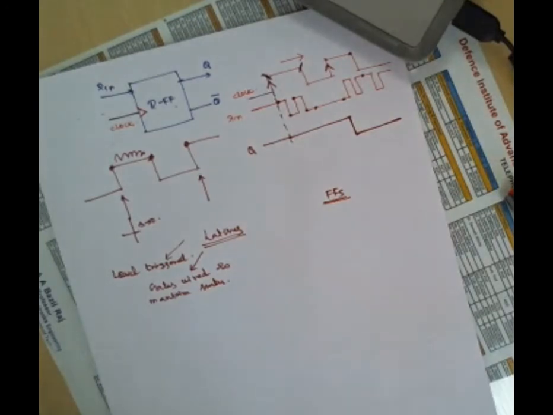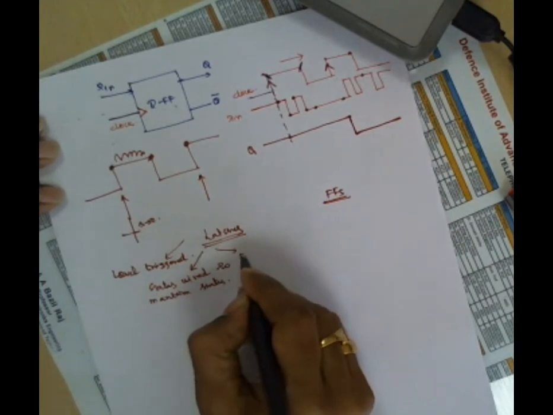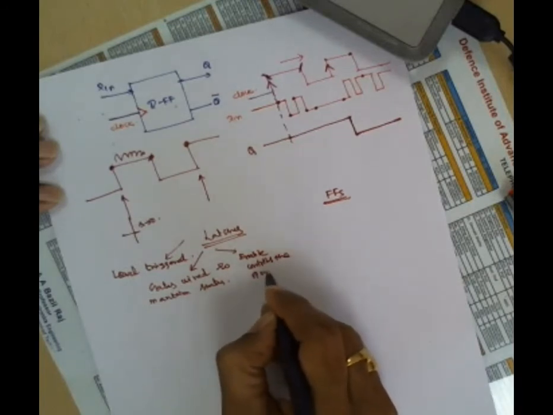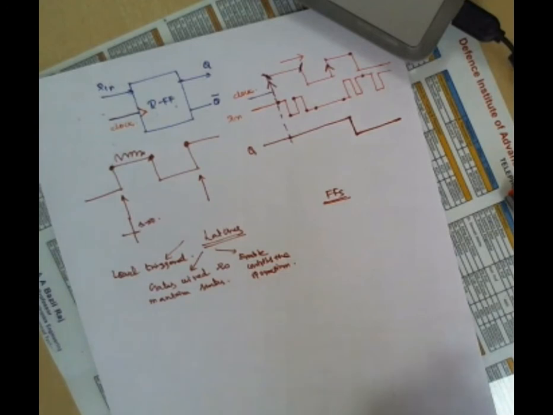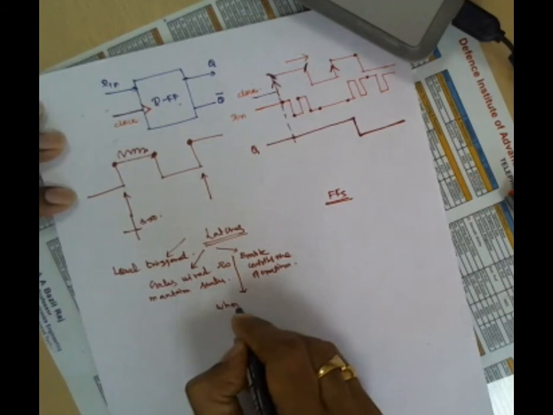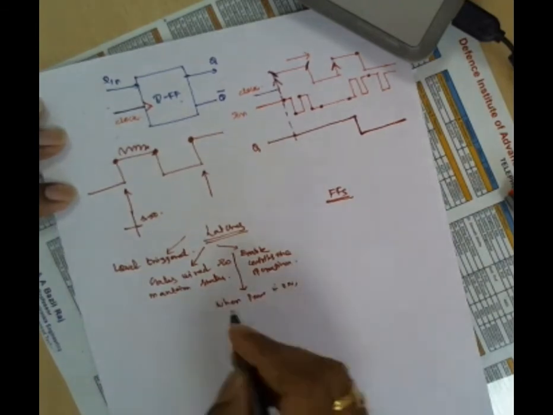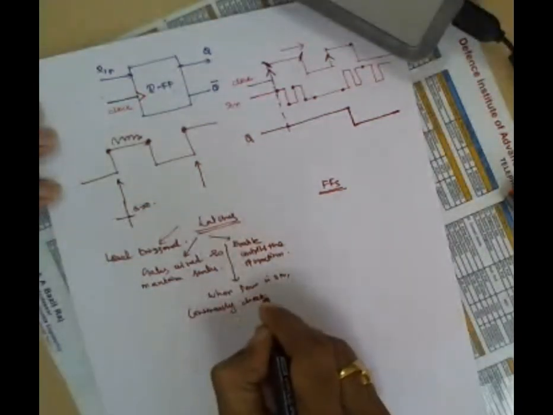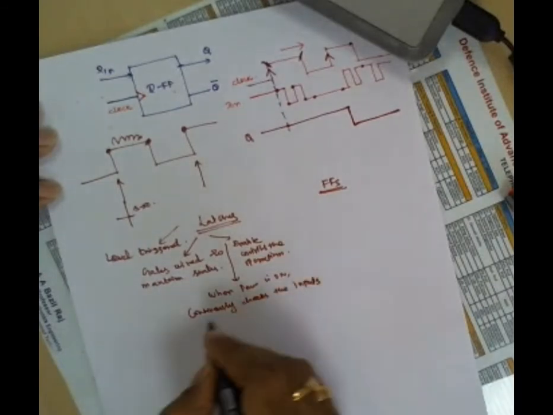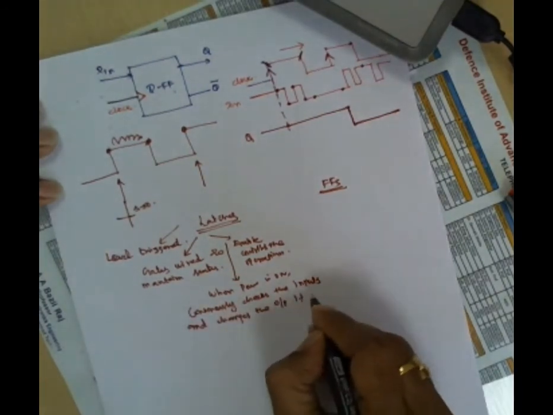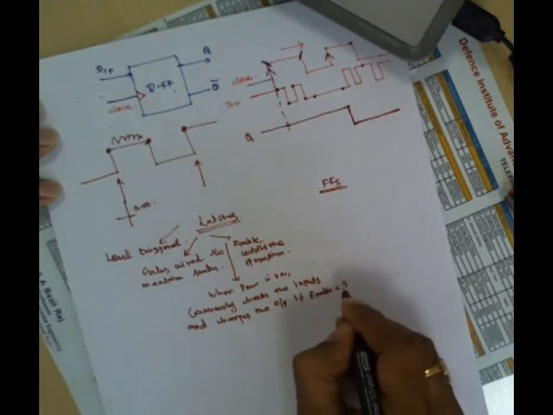Next, enable controls the operation. And another important thing is when power is on, it continuously checks the input and changes the output if enable equals 1.